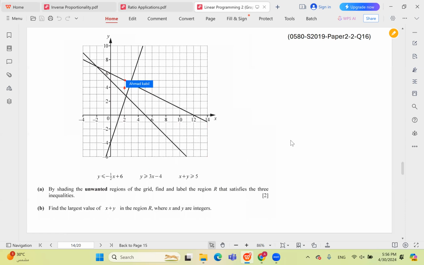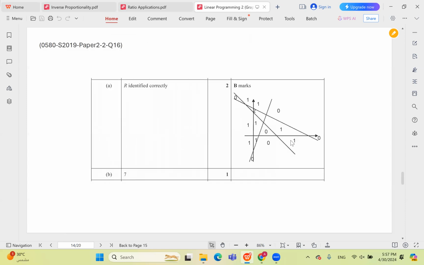So actually this point would be (2, 5), and this would be where the largest value is, and the value would be 7, not 7.5. I misread because here they necessitated that x and y are integers, so we cannot just take any random point. We have to take the point closest to the corner where x and y are integers. So this is (2, 5). This is the largest point. So, moving on.